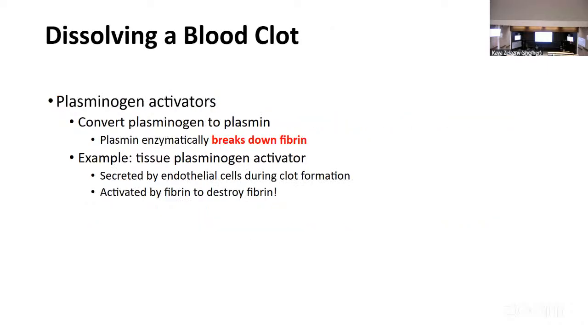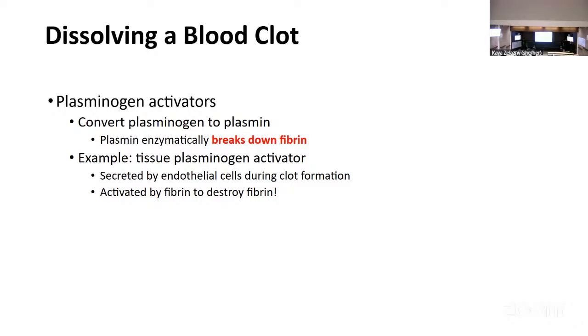So when we have a blood clot, that's great. We're blocking blood from escaping through this hole in our blood vessel, but we don't want blood clots to hang around forever, right? We want the blood clots to stop blood loss, and then we want the tissue to heal, and we want the blood clots to go away, right? That's our actual goal. So we also need to know about breaking down those blood clots, right?